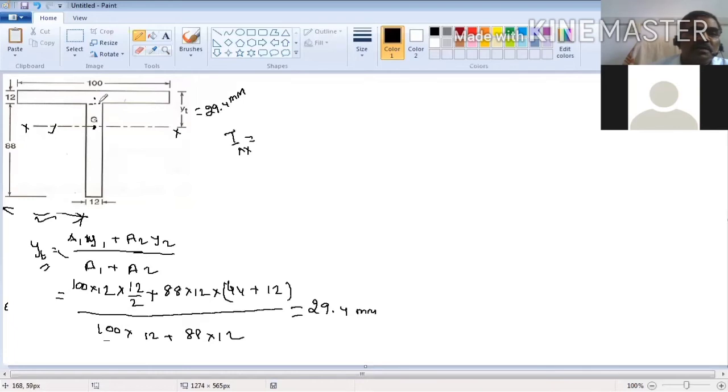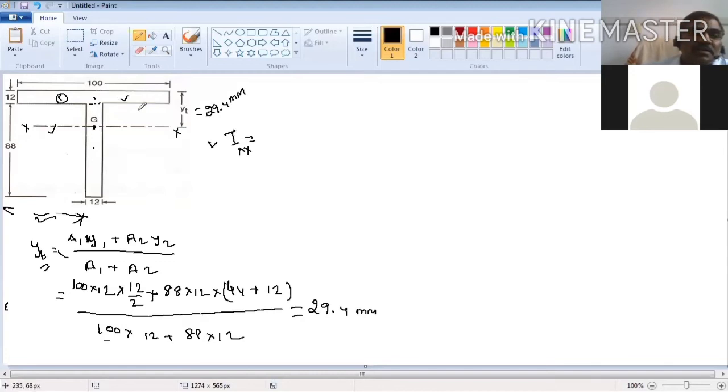For body 1, the center of gravity will be here. For body 2, the center of gravity will be here. But the combined center of gravity is G. Now we are interested in calculating the moment of inertia of the combined body, that is Ixx. Now you calculate the moment of inertia of section 1.